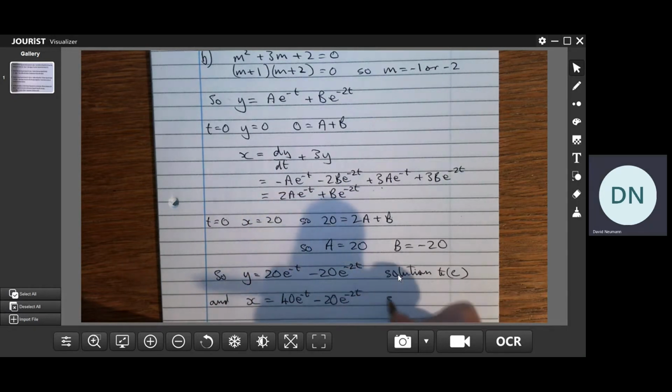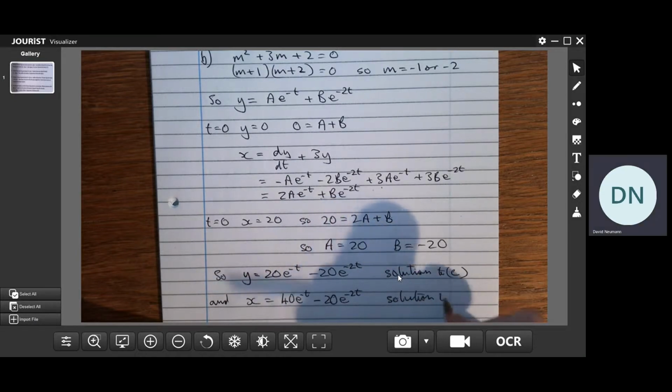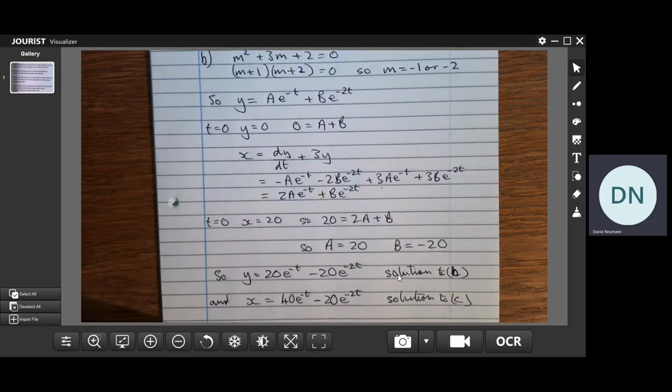That's the solution to, oh sorry, that's C, and that's B. So we've now answered part B and part C together.